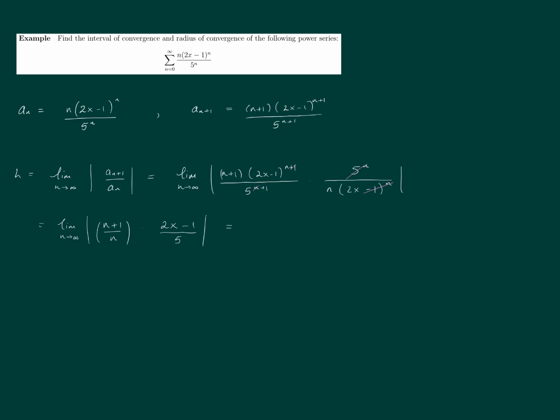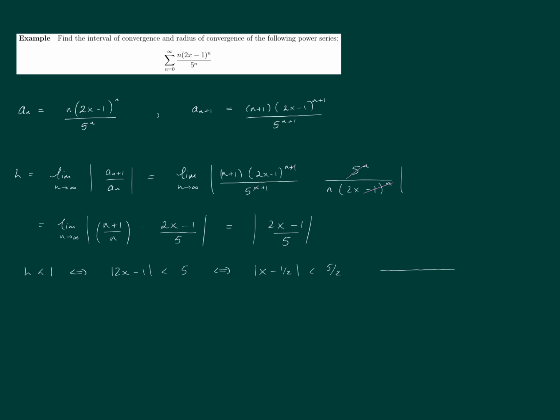So the (n+1) over n is just going to go to 1, so we'll get this. And that tells us L is less than 1 if and only if |2x - 1| is less than 5. Just bringing the 5 up. And that's the same as |x - 1/2| being less than 5 over 2.